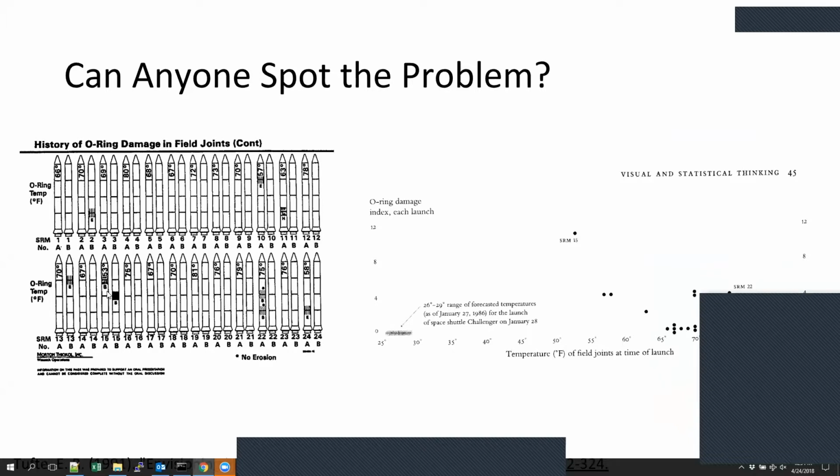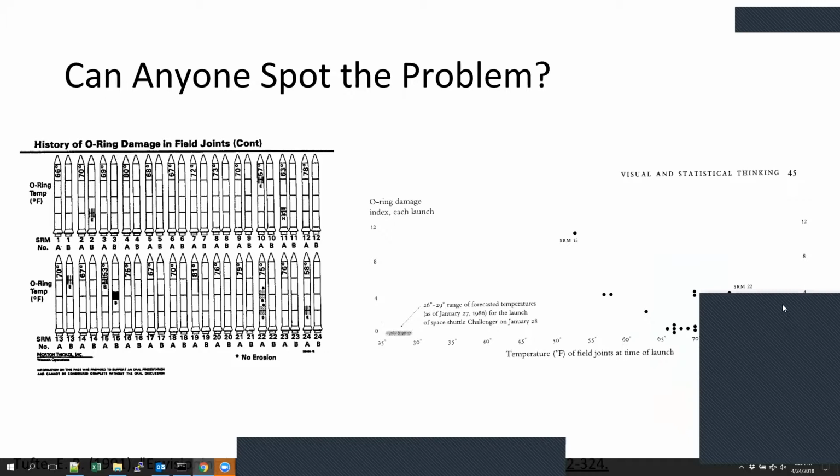On the left-hand side, you see a bunch of different testing phases throughout the process of putting the rocket together. As we go through here, we have rocket 1 and rocket 2, and you go down the line for the different testing throughout this process. And we see a number tied to temperature. If you see any blemishes or markings, that means there was some sort of issue.